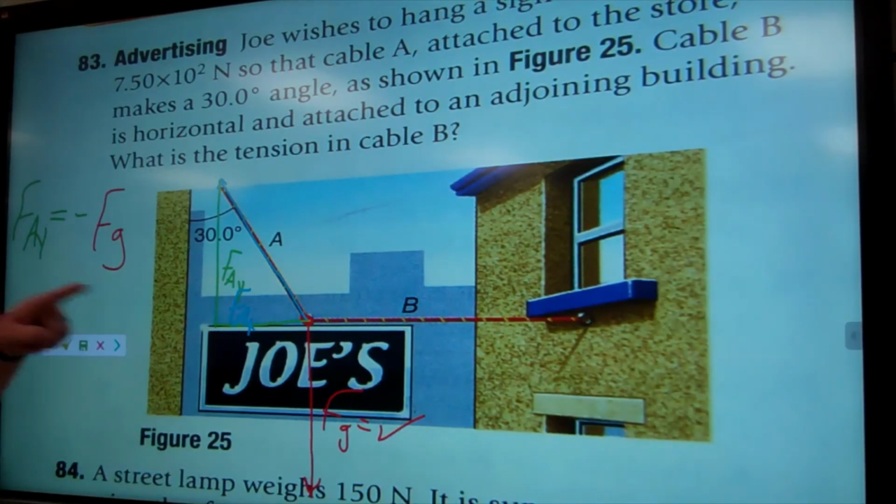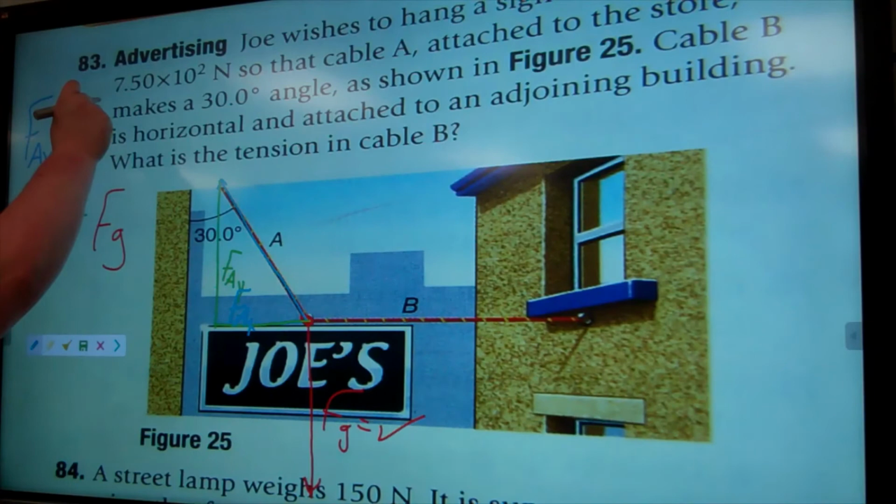In what direction is the X component of A going? It's going left, which means B's gonna have to cancel it out. So they're canceling each other out. Force of A X component is equal to, but opposite, the force of B.